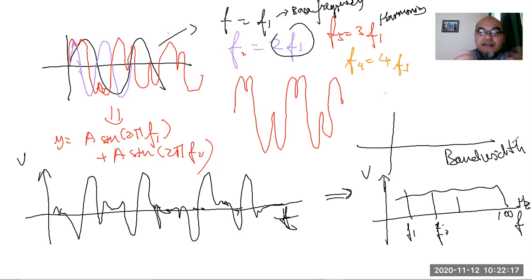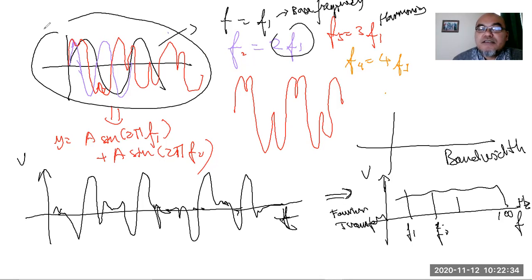Okay, the tool to transform a time domain signal into a frequency domain signal is usually called the Fourier transform. If the signal is still simple like this, consisting of frequencies which are basically the harmonics of the base frequency, then we can use Fourier series to express it, because the signal is still periodic.